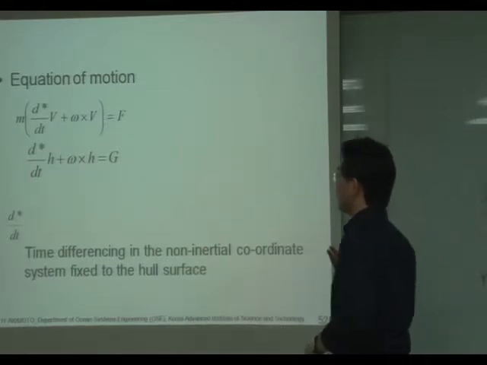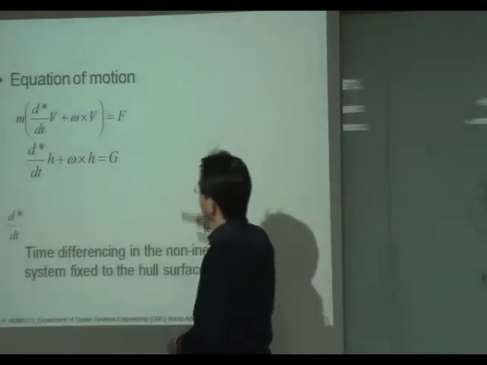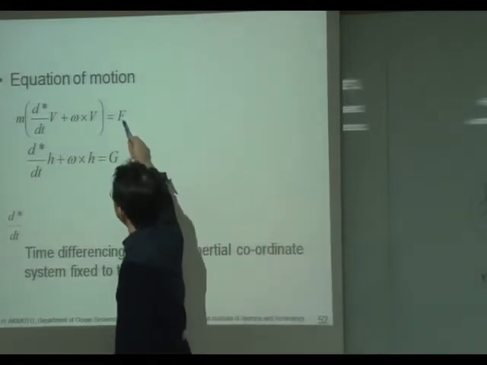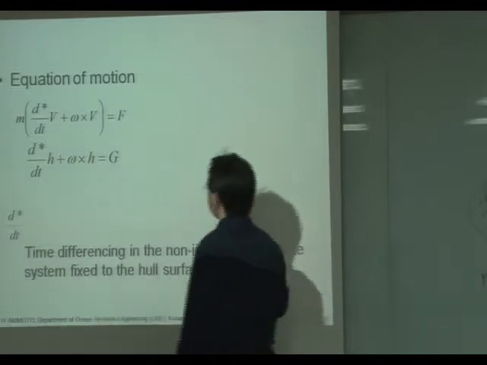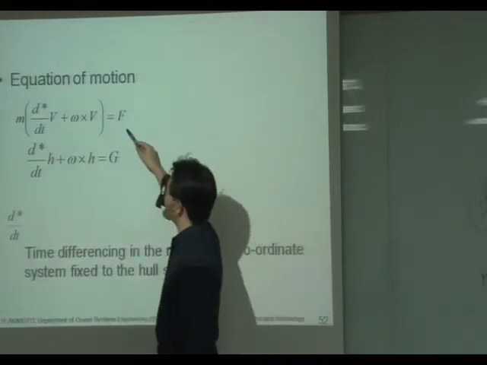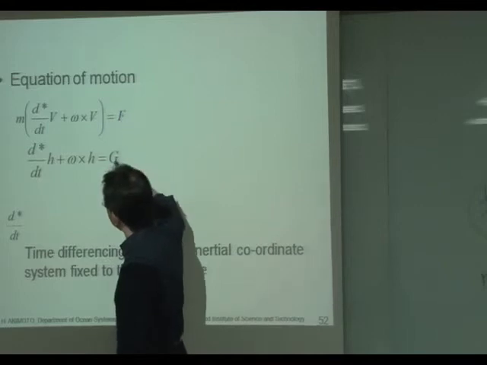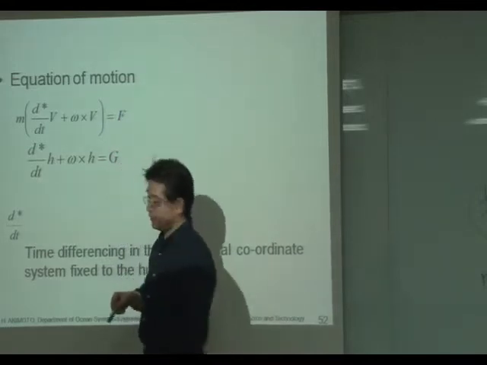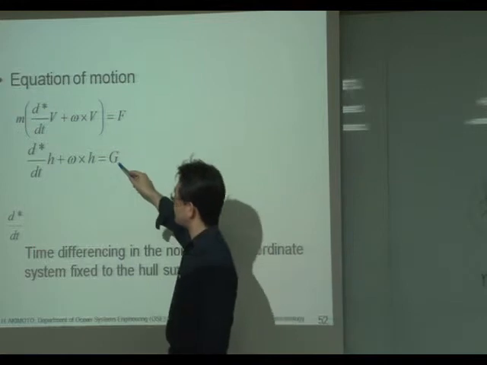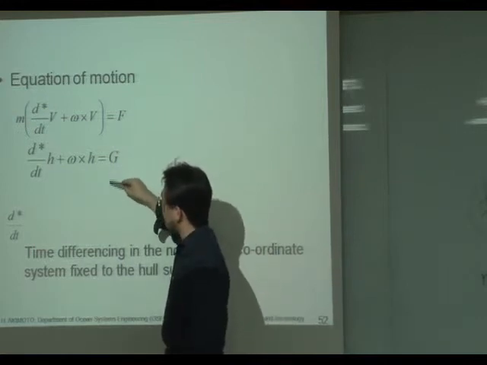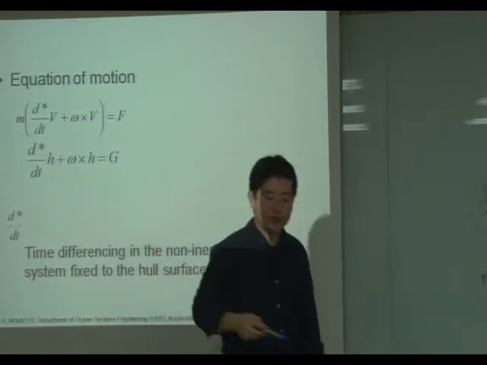And after getting the information, this one is lateral force. I'm sorry, this is lateral force, and this one is moment. So it was M, capital M vector in the previous slide.